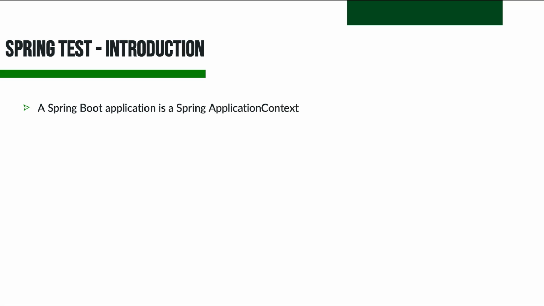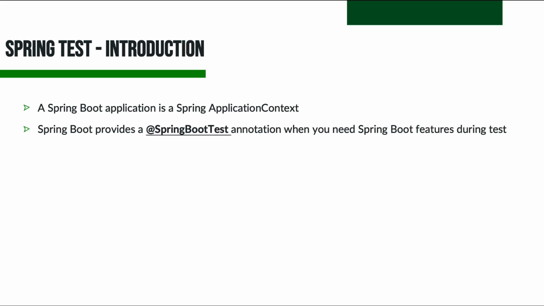So a Spring Boot application is a Spring application context, and I will explain this in more detail when we go to the practice part. Spring Boot provides a Spring Boot test annotation when you need Spring Boot features during tests. For example, if you want to load the application context in your tests, all you need to do is annotate your class with the Spring Boot test annotation.